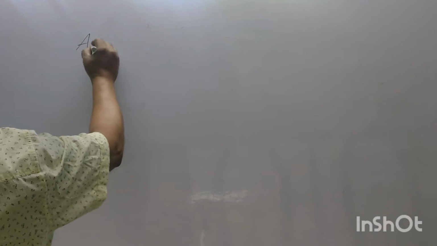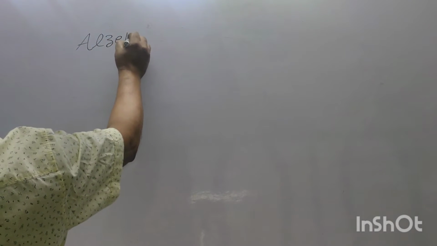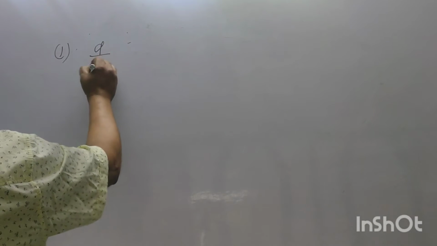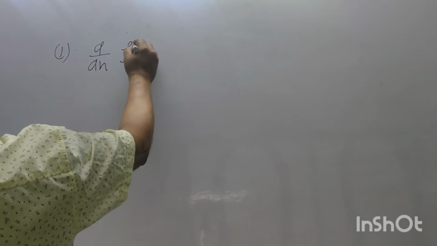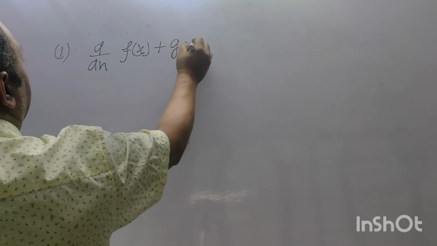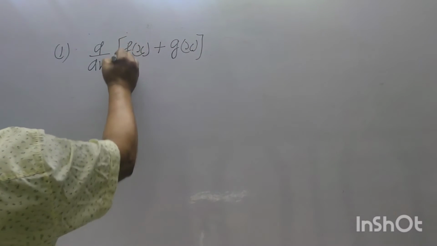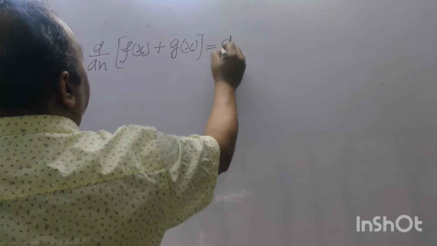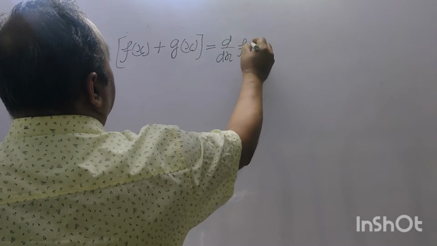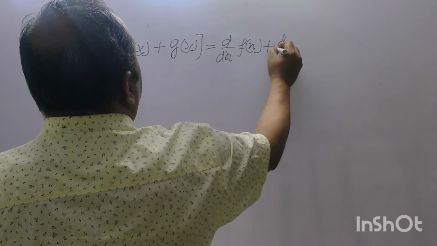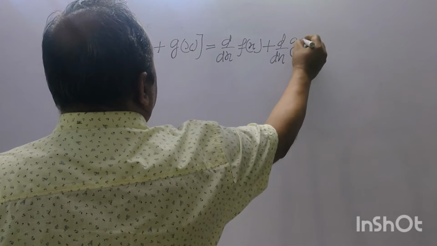Now let us discuss the algebra of derivatives. First formula of the algebra of derivative is d upon dx of fx plus gx. You can take the separate derivative d upon dx of fx plus d upon dx of gx.